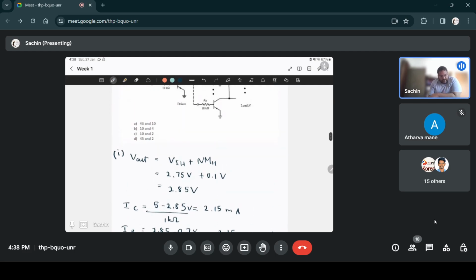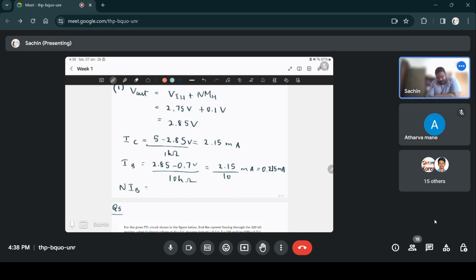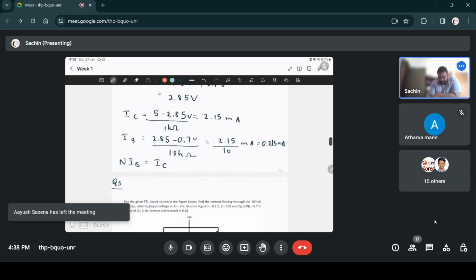So the total current available to you is 2.15 milliamperes, and to each of the transistor bases you have to supply 0.215 milliamperes. So how many transistors can you have? If you have n transistors and each of them needs this current IB, and in total you have only current equal to IC.